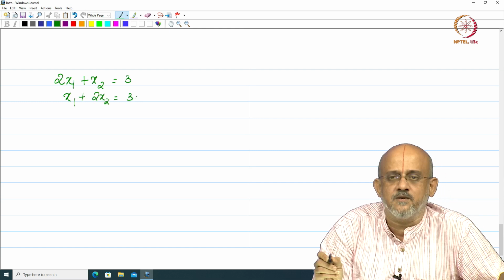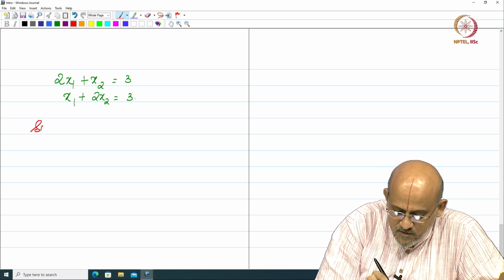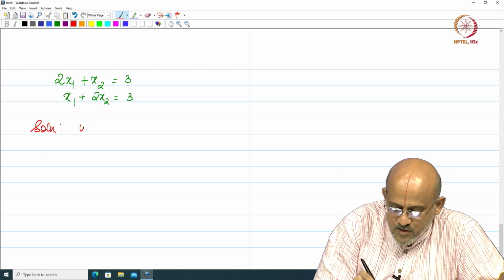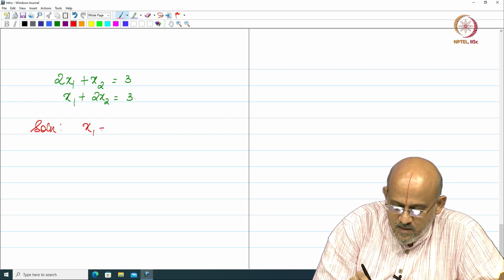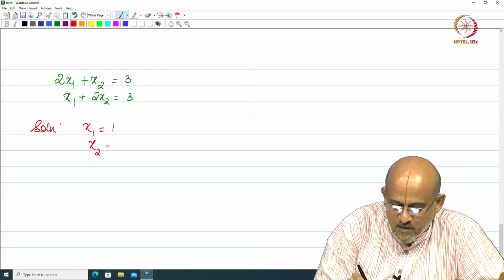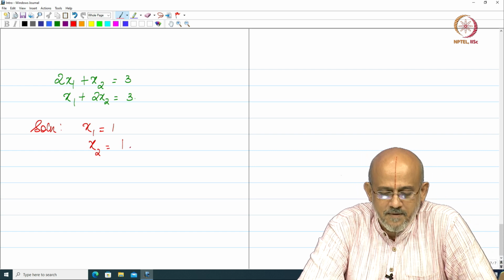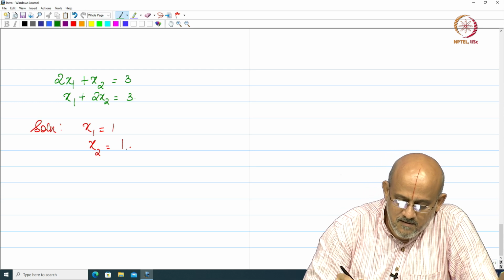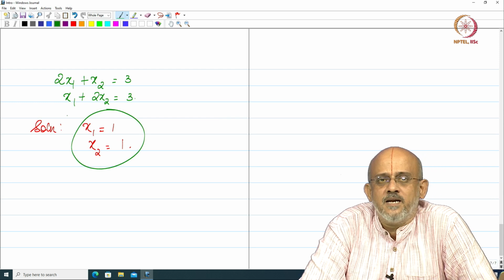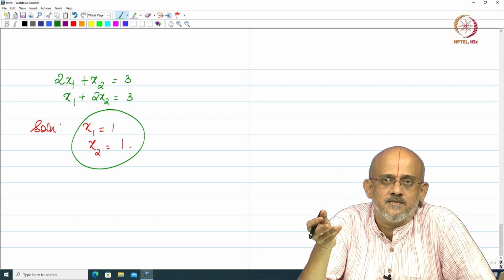Now compare this with what we said: the solution to this system of equations is x1 is equal to 1, x2 is equal to 1, right. Now there comes the interesting part. x1 is equal to 1 and x2 is equal to 1, even that represents a system of linear equations, is it not?